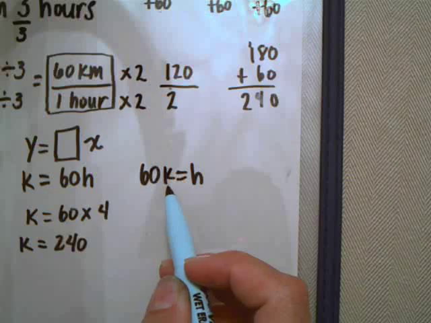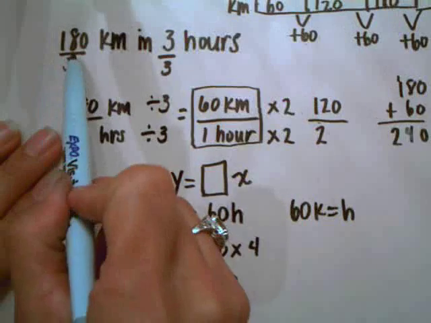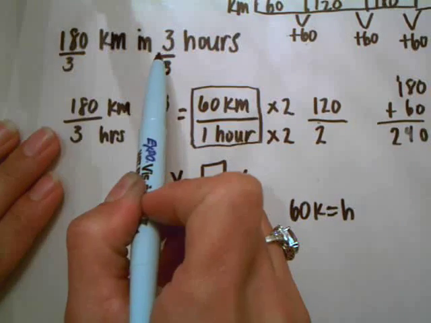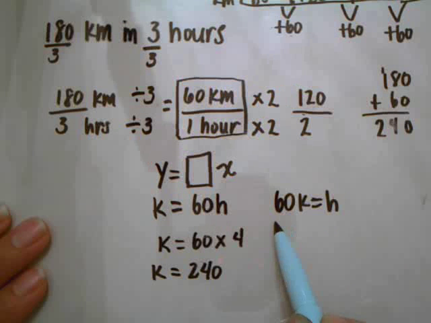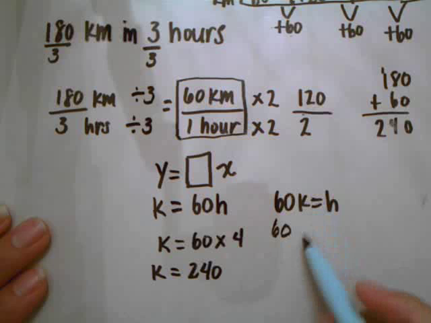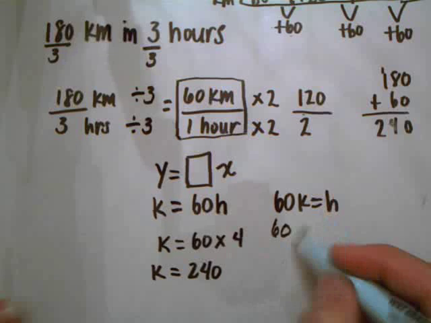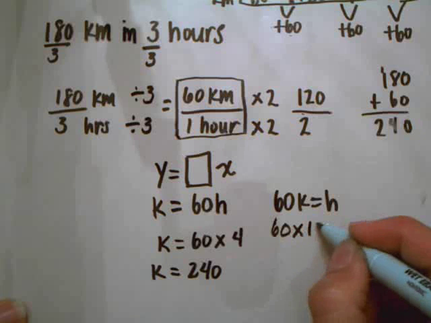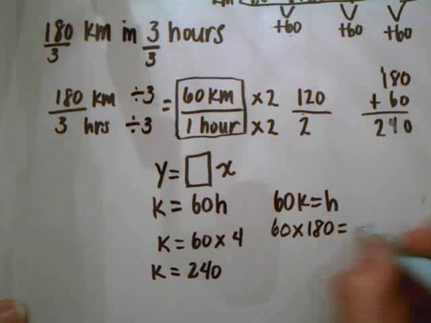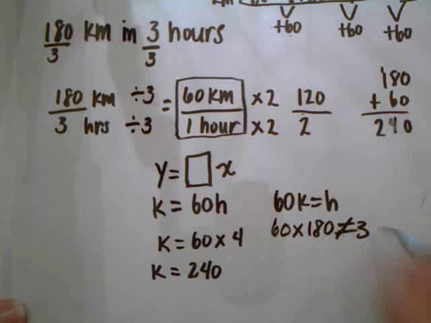Say, for instance, we go 180 kilometers in 3 hours. So if I put this back in, it's not going to work out for me. 60 times 180 is definitely not going to equal 3. Nope. Not going to equal 3.